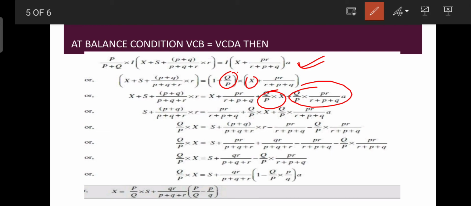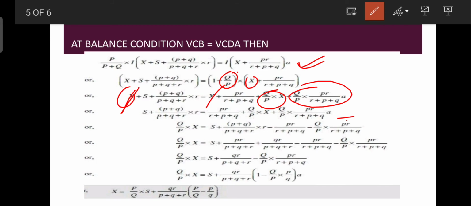Let's take this X to this side. No, don't take this one, because the same X is present here and here, so they cancel each other.